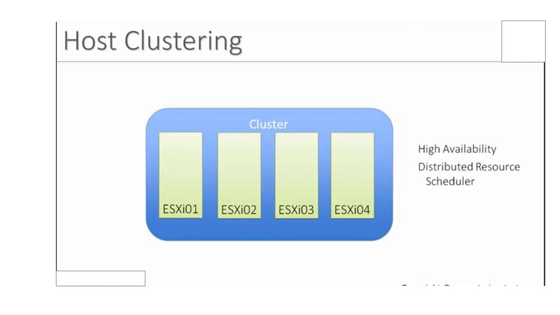In this diagram, you can see we add our 4 hosts into a cluster, and after adding these hosts, we have the ability to configure High Availability and the Distributed Resource Scheduler. So first you need to enable the cluster, and after that you should enable High Availability and the Distributed Resource Scheduler.